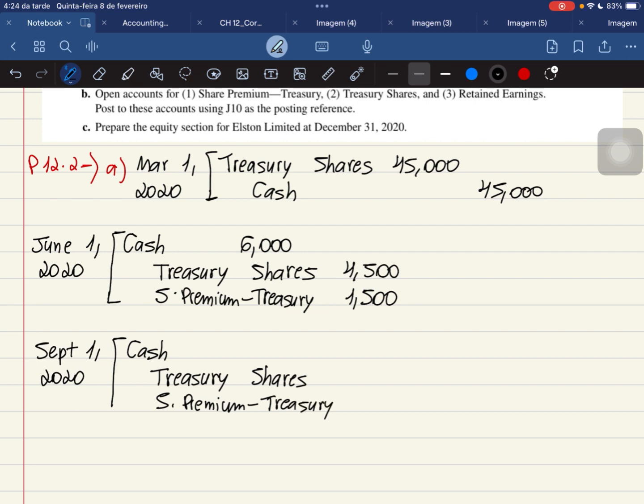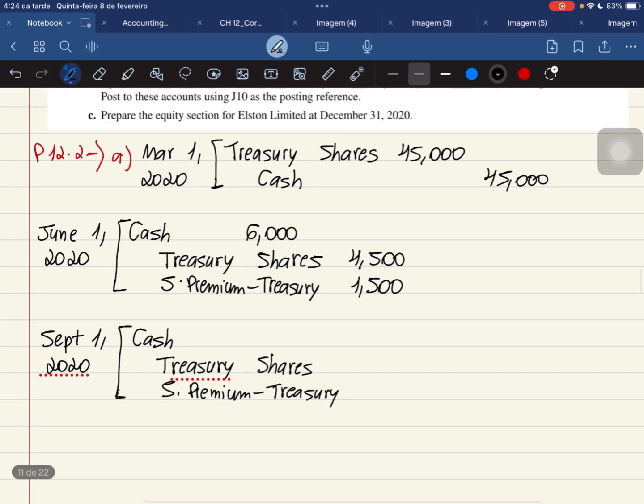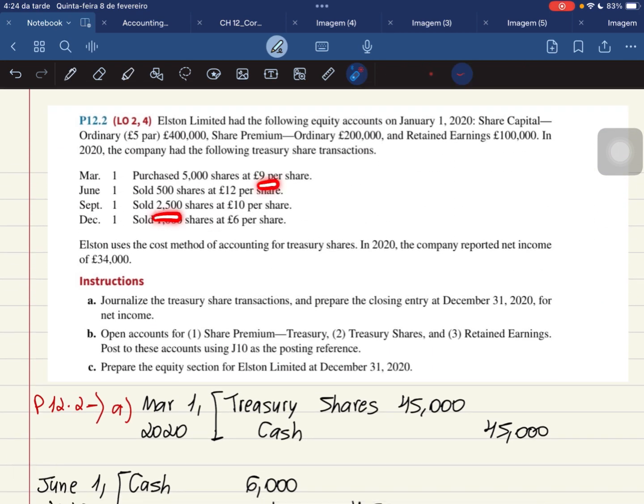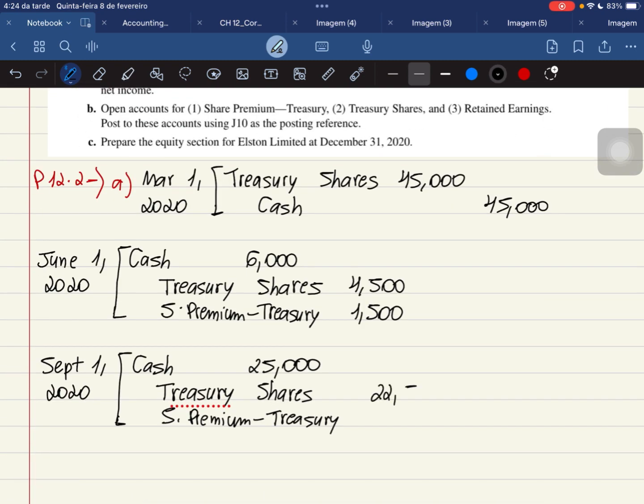So let's see. How much money did we get in the sale? That is going to be 2,500 times 10. That gives you 25,000. Your treasury shares is going to be 2,500 times 9, which gives you 22,500. And your share premium treasury, the difference, is 2,500.